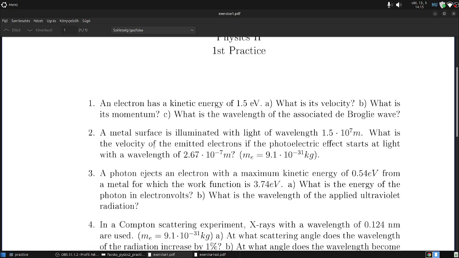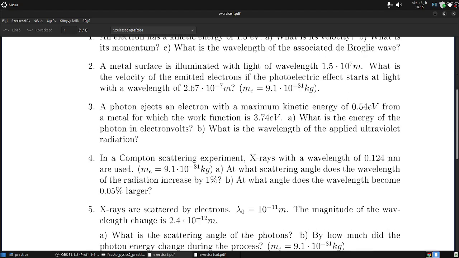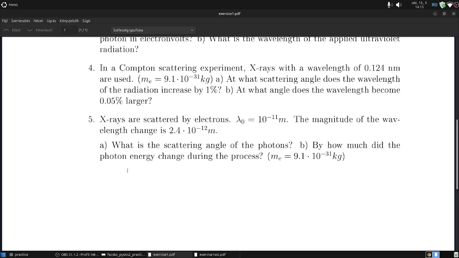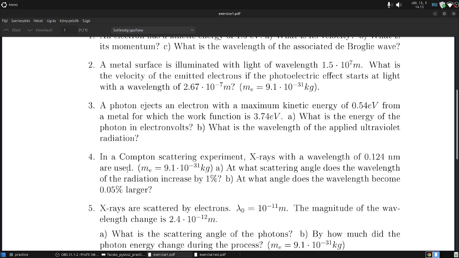What is the wavelength of the associated de Broglie wave? Because you haven't heard about de Broglie waves, we cannot do this exercise. Last time I did the second exercise, and now the third, fourth, and fifth one are coming.